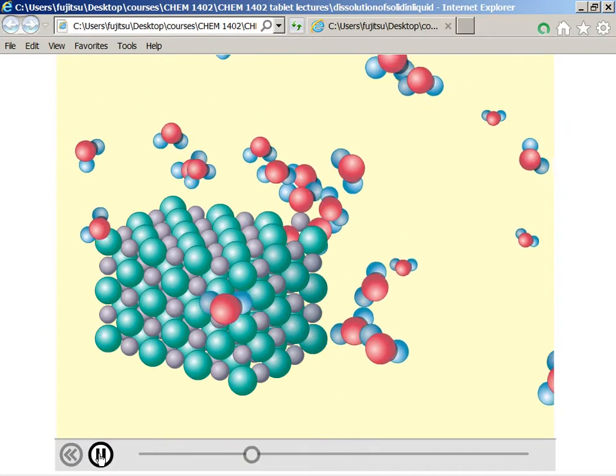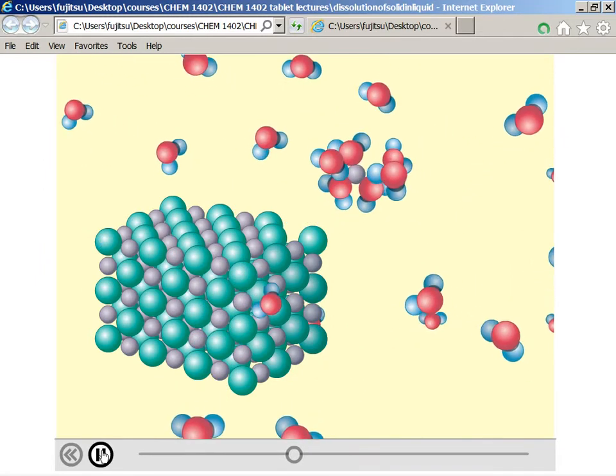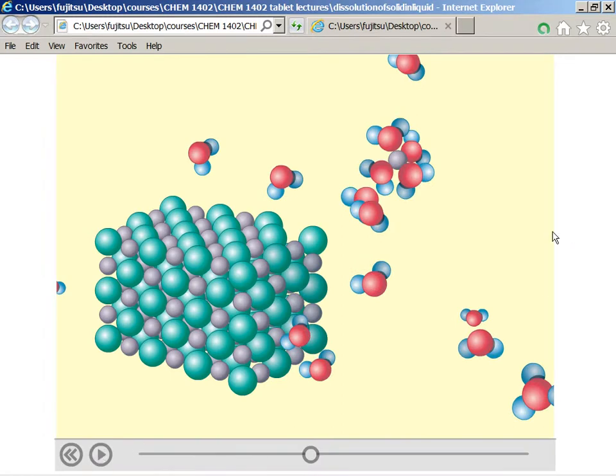This is supposed to be sodium chloride dissolving. See how this is getting pulled off? Okay. Let's stop there. That gray sphere must be, Megan, the chloride anion or the sodium cation? Remember, anions are negative, cations are positive. Anion?